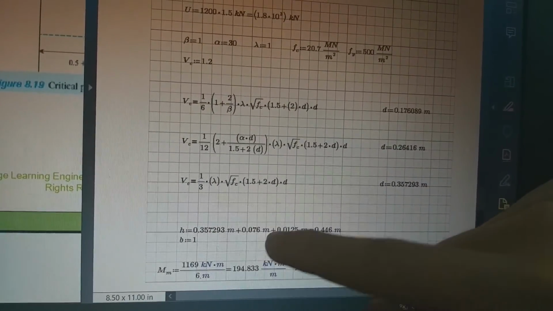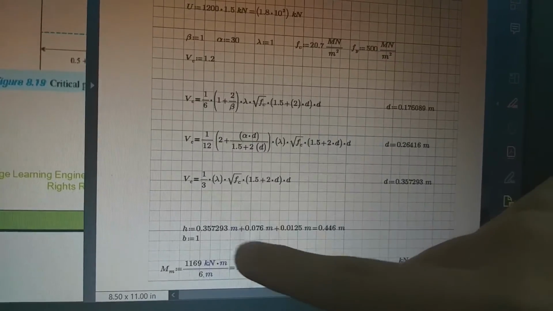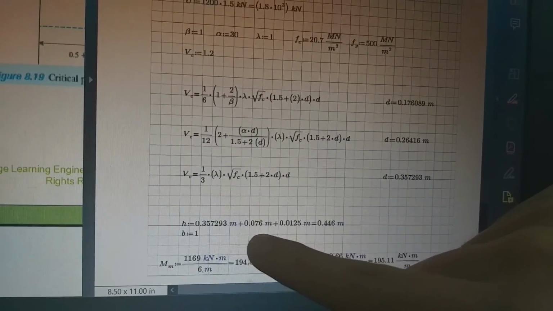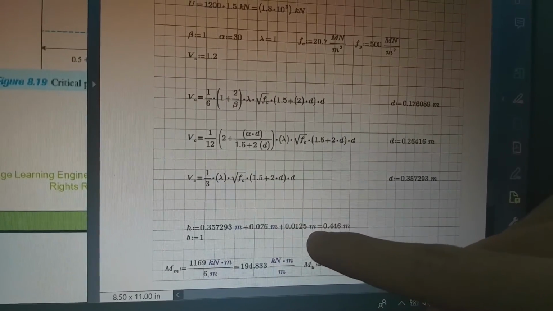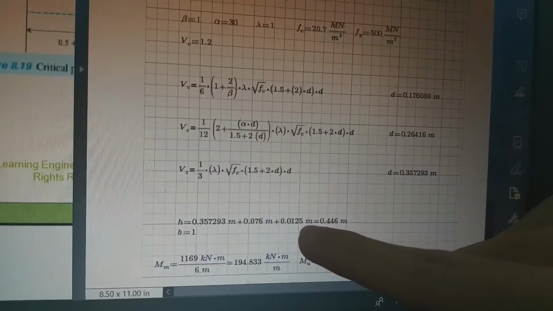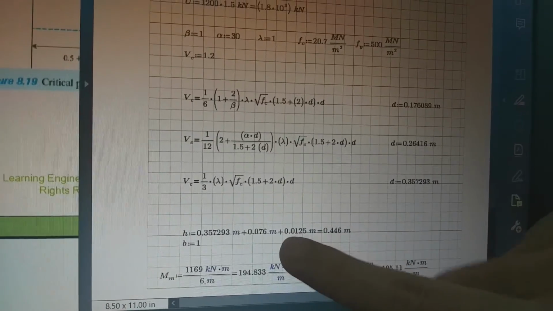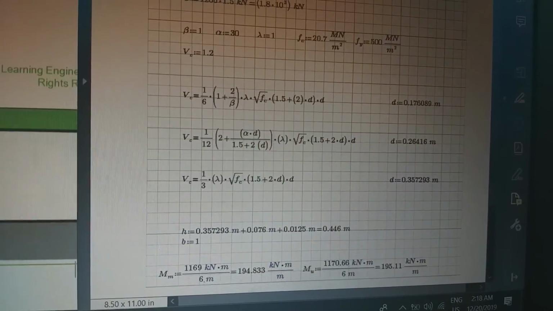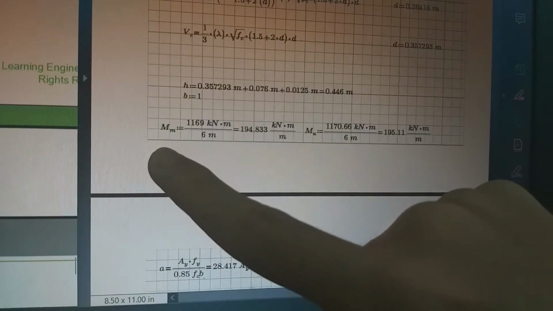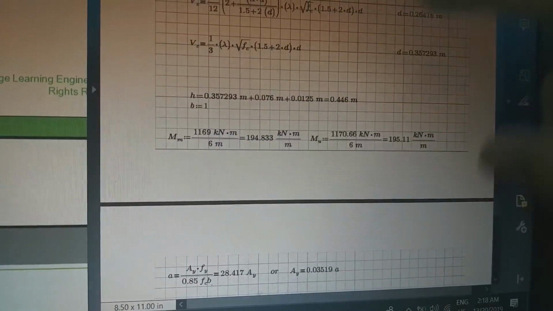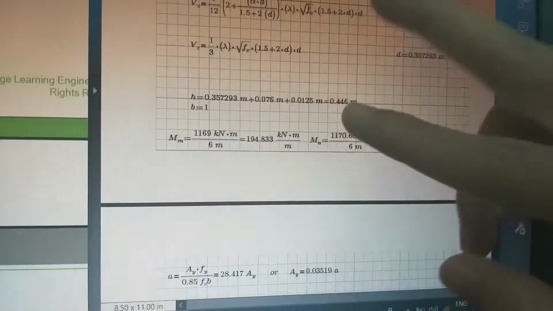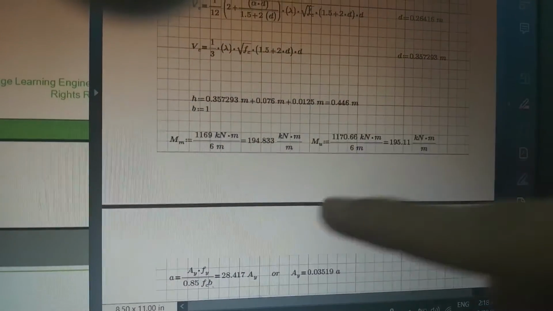This is the minimum cover, which we assume is 76 millimeter, and this is the radius of the bar, where the diameter of the bar we assume is equivalent to 35 millimeter. And then we move on to the next part, where this is the maximum moment for the positive moment, and this is the maximum moment for the negative moment, which we get from the previous example.